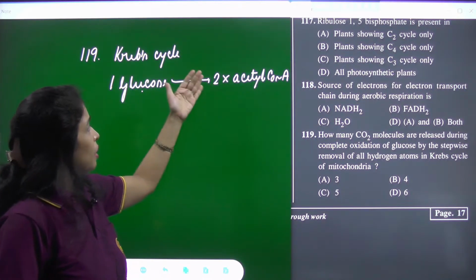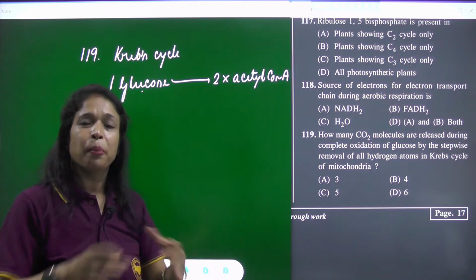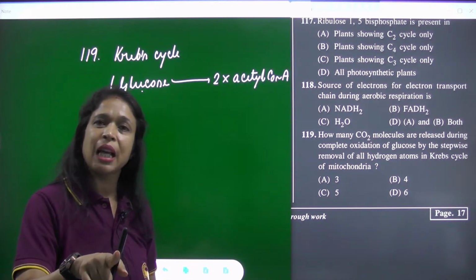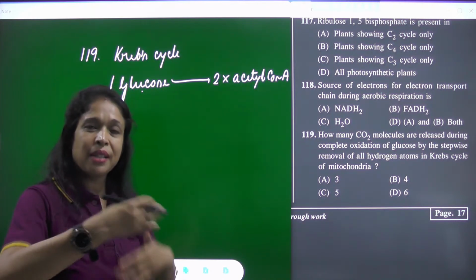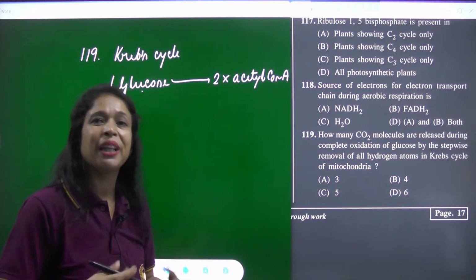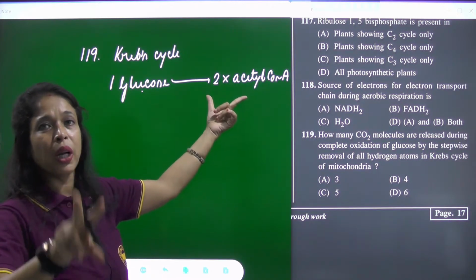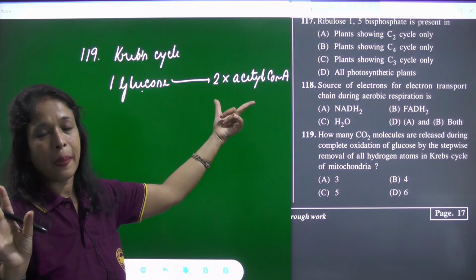Means there will be two turns of Krebs cycle. In one turn, one acetyl coenzyme A molecule will be burnt. Means it will take two consecutive turns of Krebs cycle for complete oxidation of two molecules of acetyl coenzyme A.